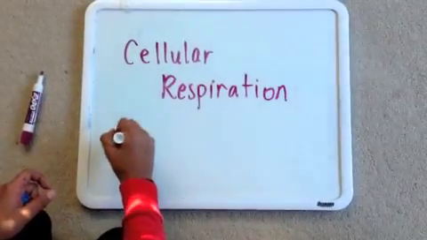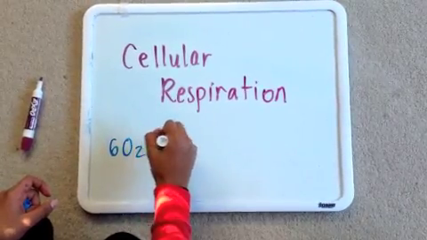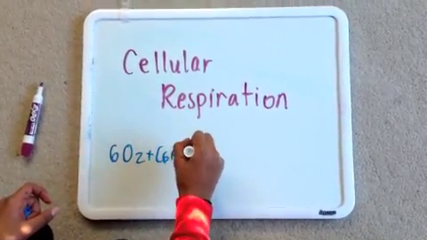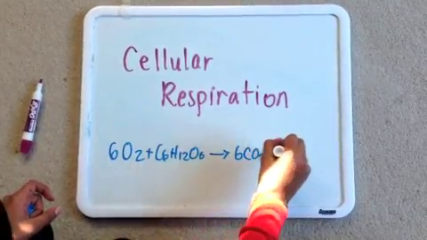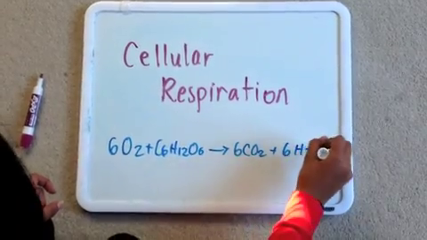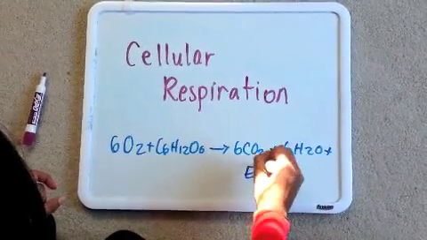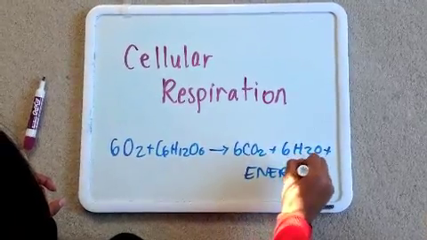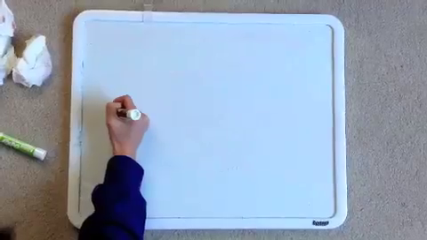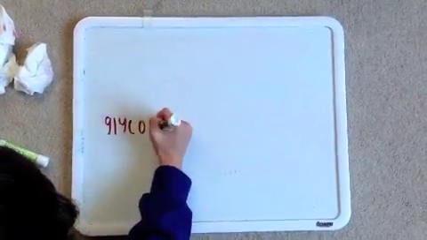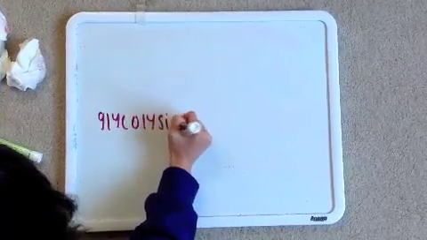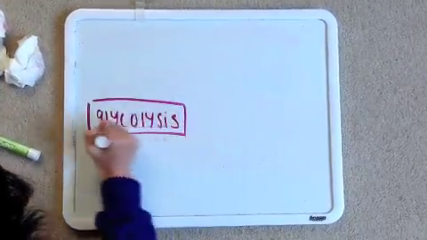Cellular respiration is the process of converting oxygen and glucose into carbon dioxide, water, and energy. The first process of cellular respiration begins with glycolysis, which happens in the cytoplasm.